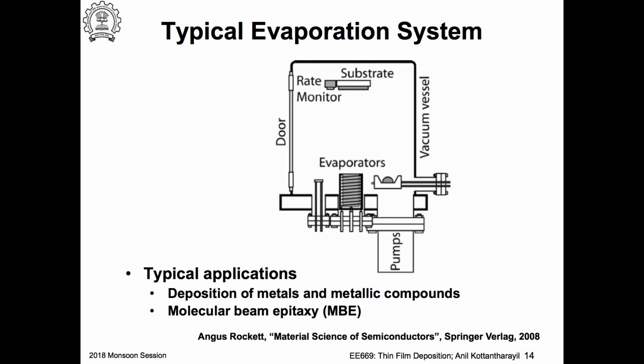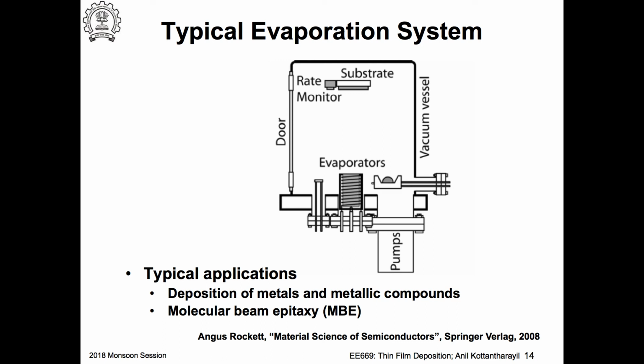And the sources can be of different types, depending on the type of system that we are talking about. You use this kind of system for deposition of metals and metallic compounds.